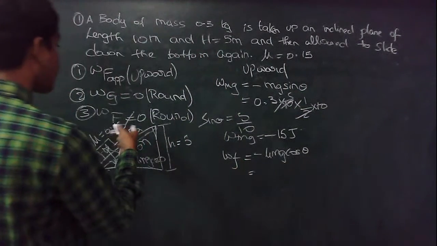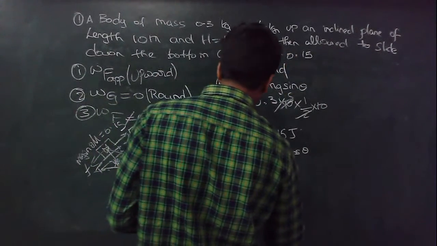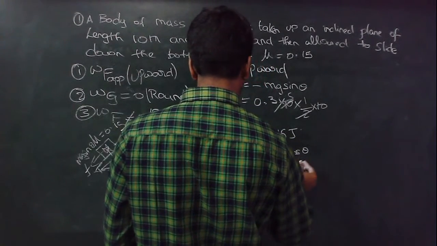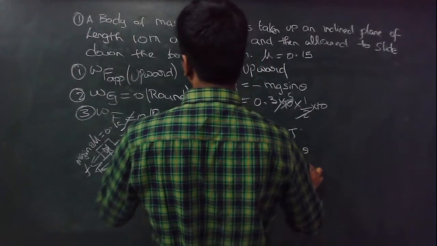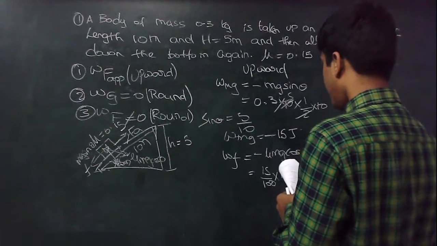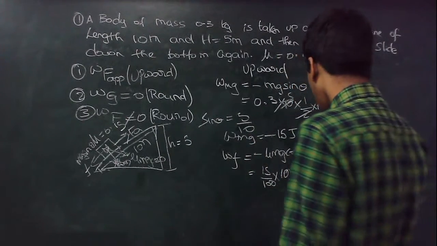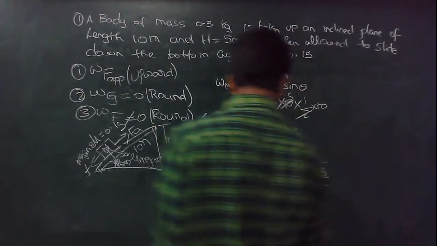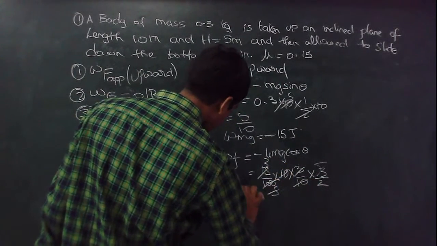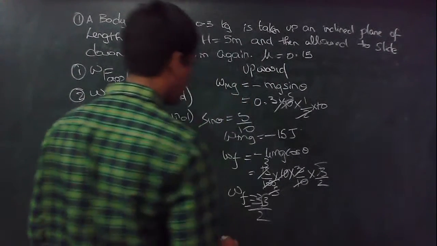Mu is 0.15, so we will take 15 by 100 into 10 into 0.3, that is 3 by 10, into cos 30, that includes root 3 by 2. So W friction is equal to 3 root 3 upon 2, and it is negative.